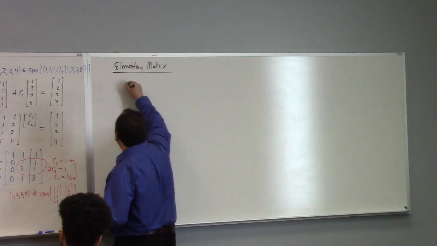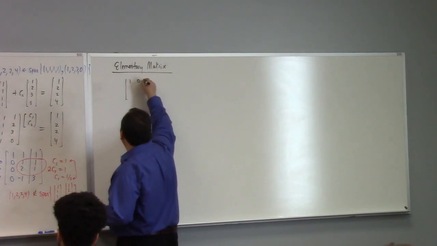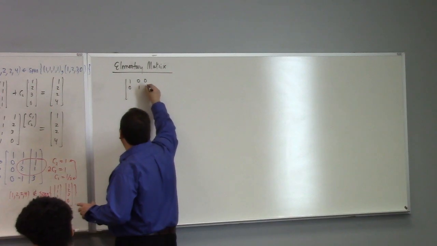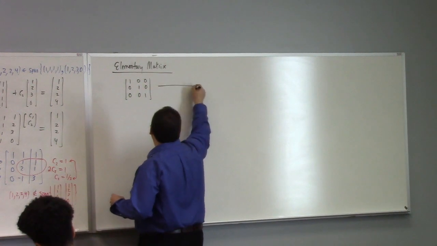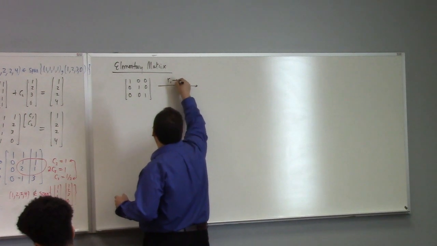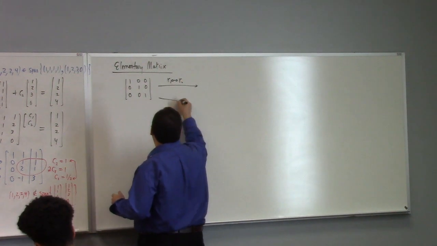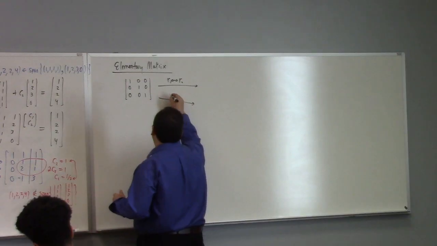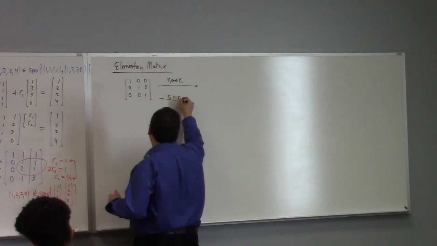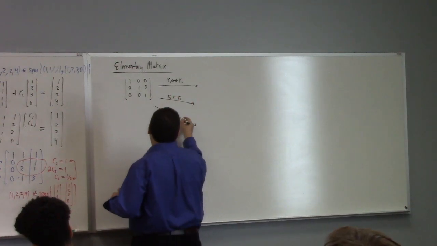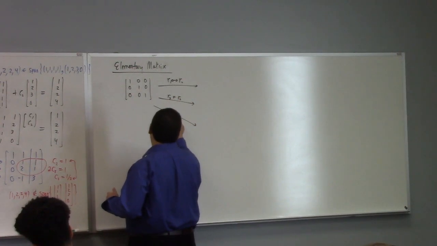So suppose we take the 3 by 3 identity. Let's try different things: row 1 and 2 swap, row 3 plus row 2, and also 2 row 2.